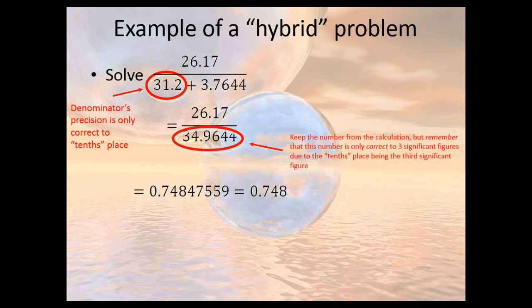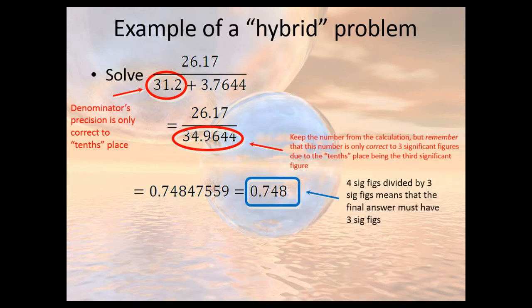But now you're about to do a division problem, and remember with multiplication and division problems, it is about significant figures. So the question is, the tenths place on this is what significant figure? It is 1, 2, third significant figure. So we have 4 sig figs over 3 sig figs. So this number needs to be rounded to the third significant figure, or the nearest thousandth, which is 0.748.